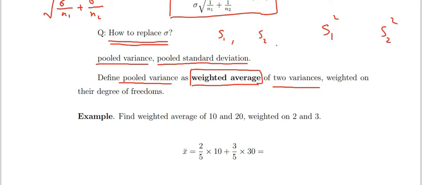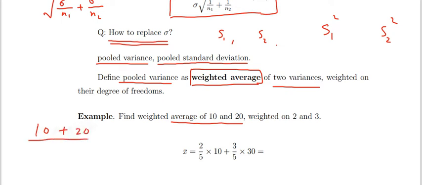For example, to find the average of 10 and 20, we just add them up and divide by 2, right? We can rewrite this as half times 10 plus half times 20. We can regard the coefficient half as the weight. So we weight them the same, half each.